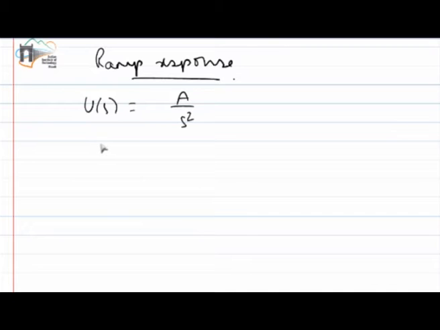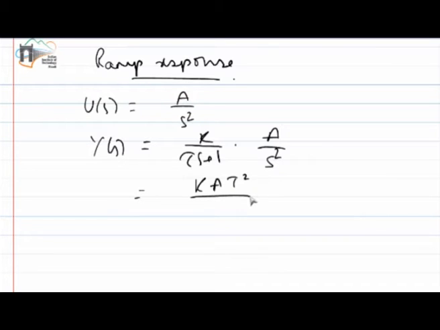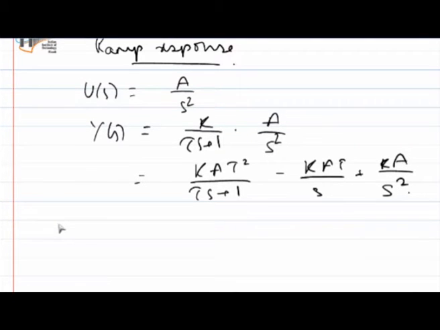If I put this U of s into that first order transfer function formula, I will get Y of s, and by partial fractions I would get the expression. Now if I take the Laplace inverse of this equation, I will get this one.